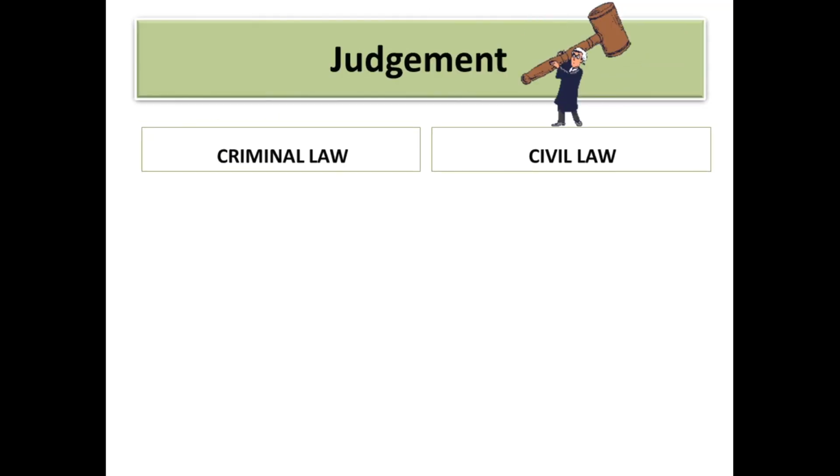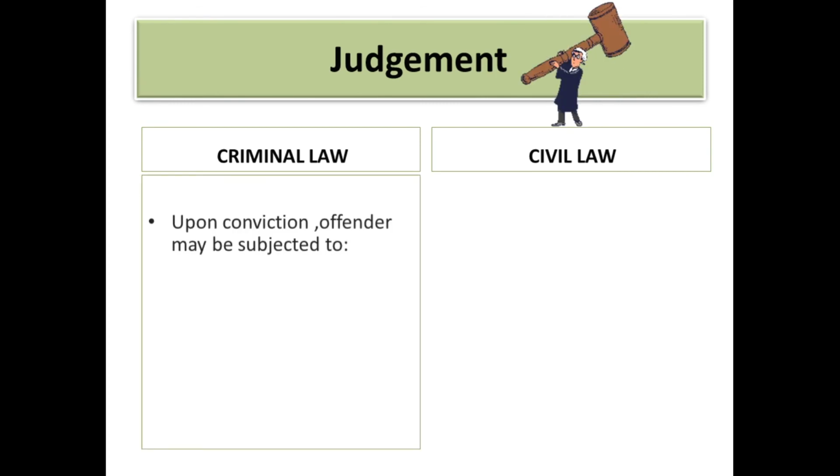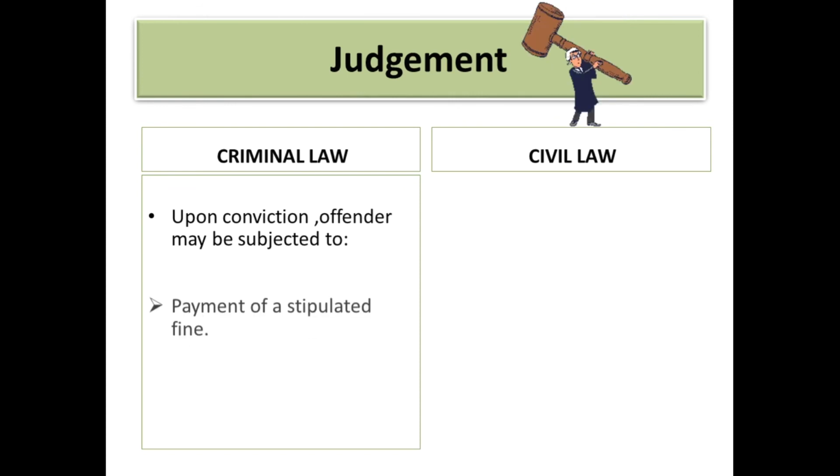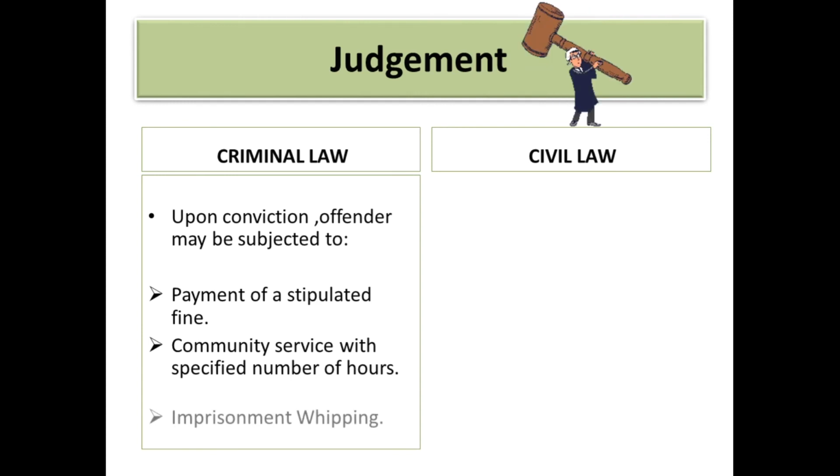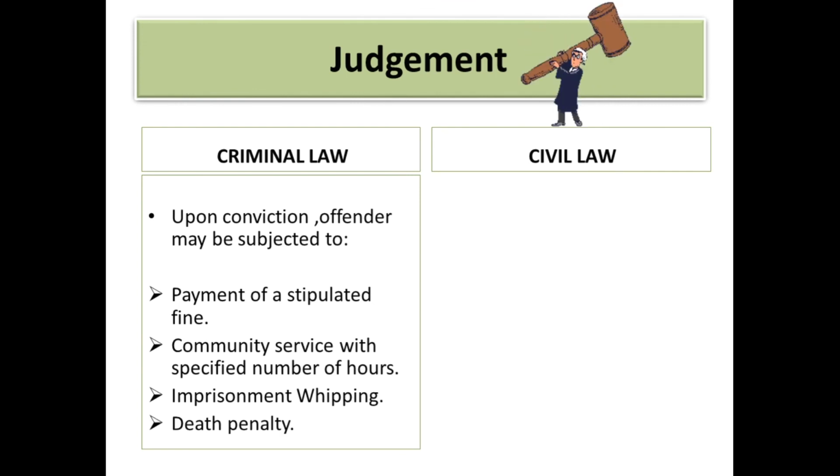Next, the judgment. In criminal law, upon conviction, offender may be subject to payment of a stipulated fine, community service with specified number of hours, or imprisonment, and sometimes whipping. In extreme cases, death penalty is also given.